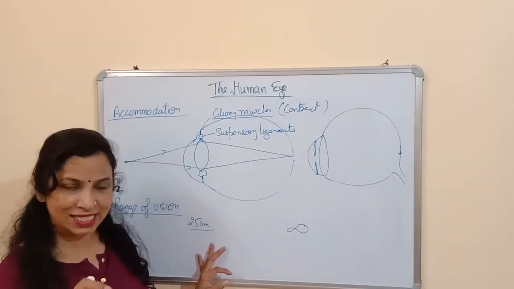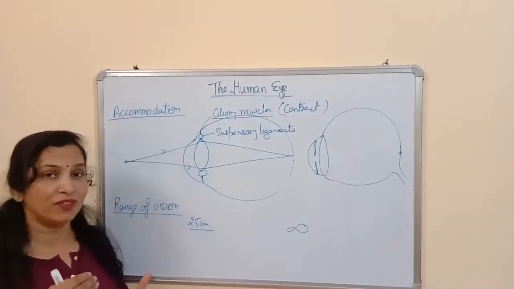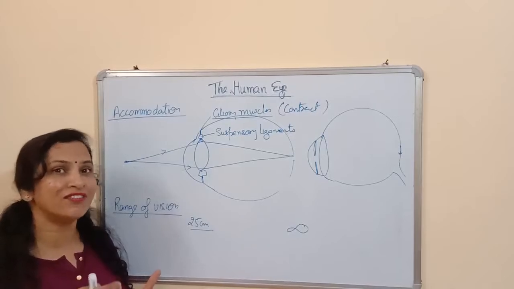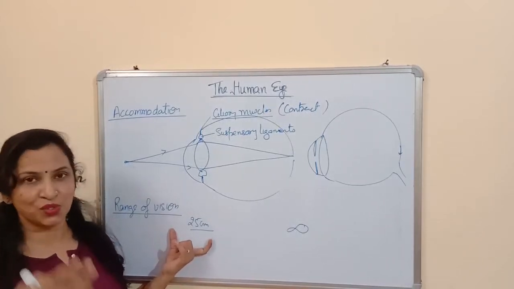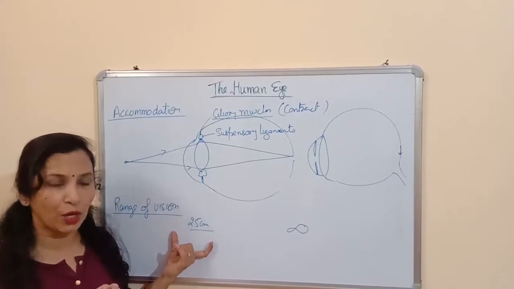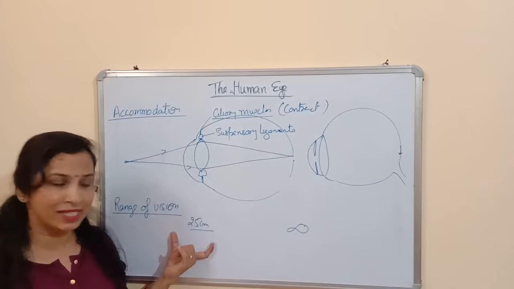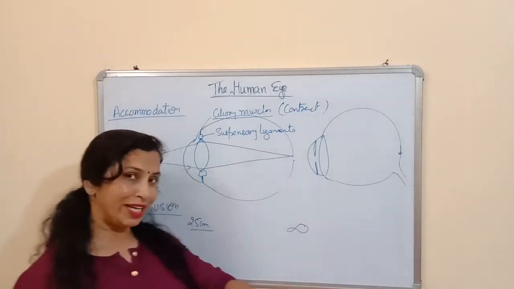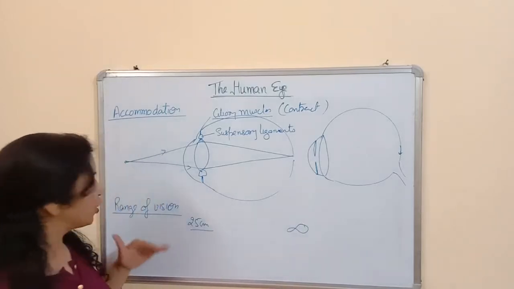Least distance of distinct vision is 25 centimeter. This is the minimum distance at which you can see clearly without straining your eye. And the far distance we can see clearly is infinity. So the range of vision is 25 centimeter to infinity. This is called the range of vision.